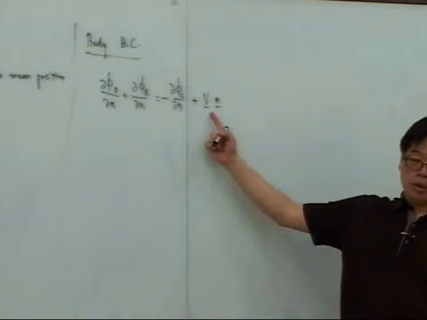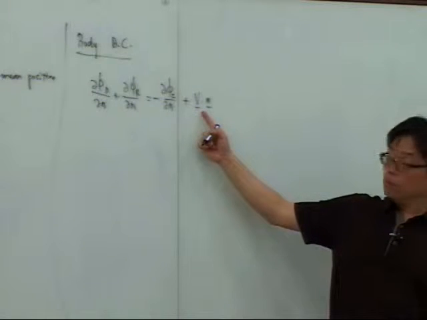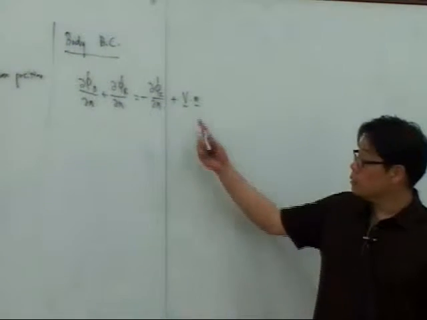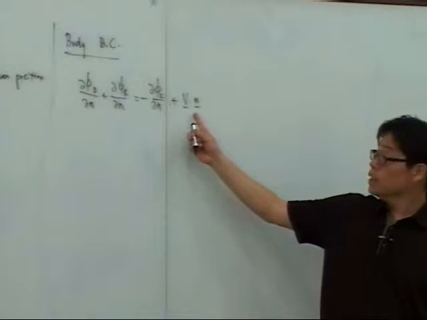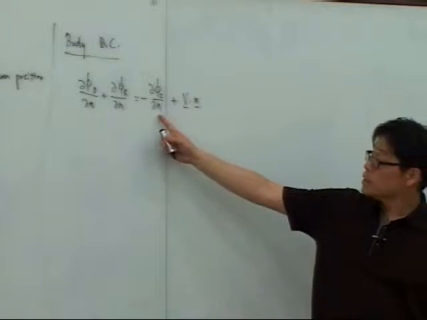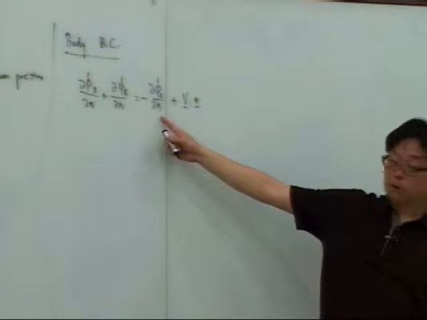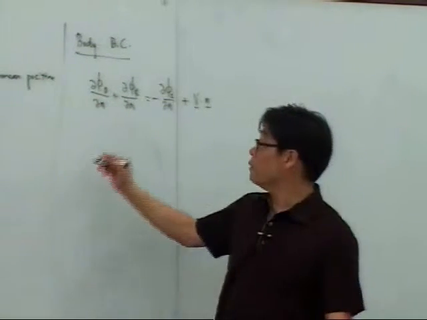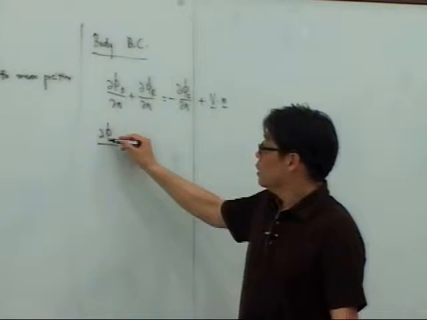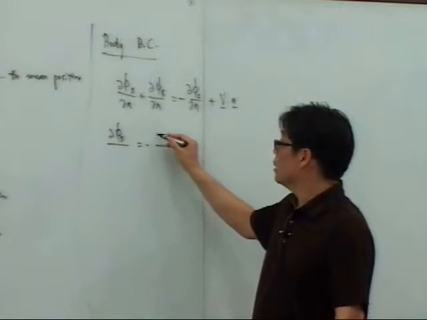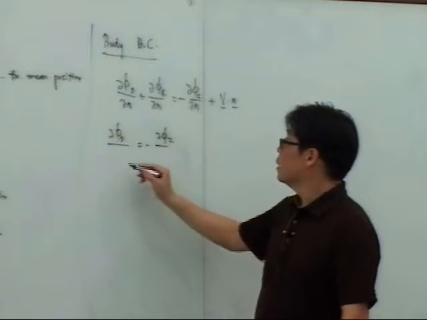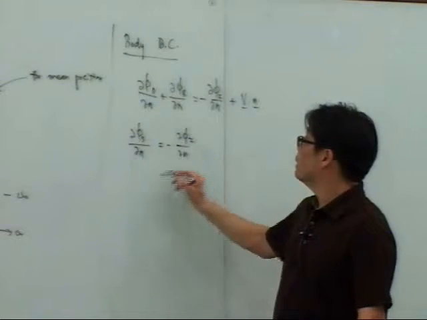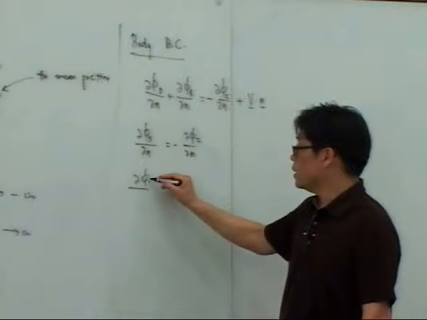We assume this is known, how the body moves, although we'll find it later. And this is known because we specify amplitude and frequency. Because this is a linear problem, I can say the diffraction potential satisfies this, and the radiation potential satisfies this.